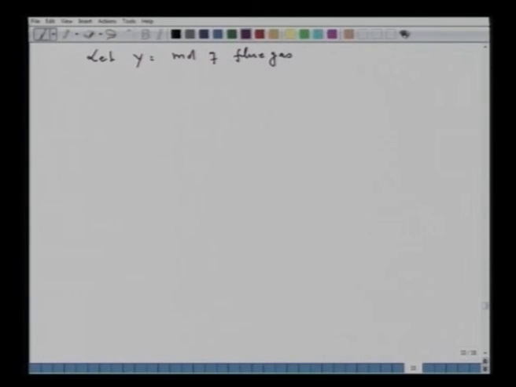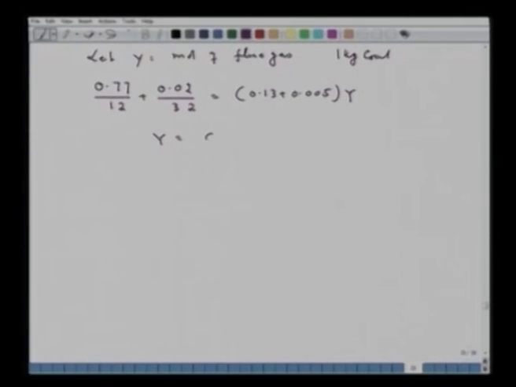Now, the carbon balance on moles is 0.777 divided by 12 plus 0.02 upon 32, equal to 0.13 plus 0.005 into Y. Here the basis of calculation is 1 kg coal. So, if I calculate, Y will be equal to 0.4802 moles of flue gas.